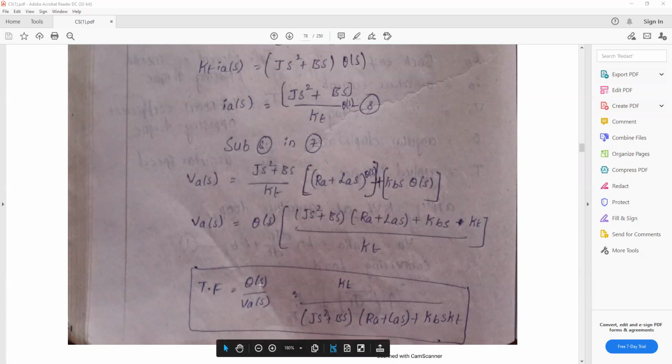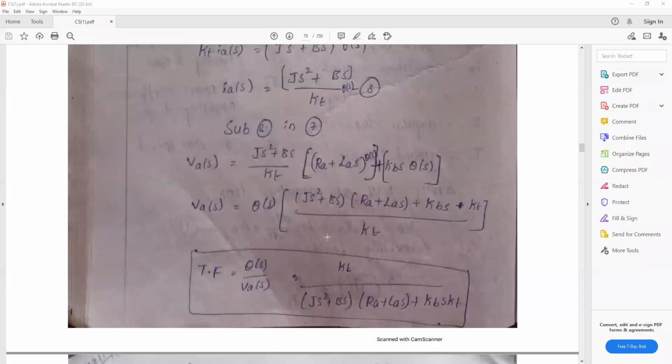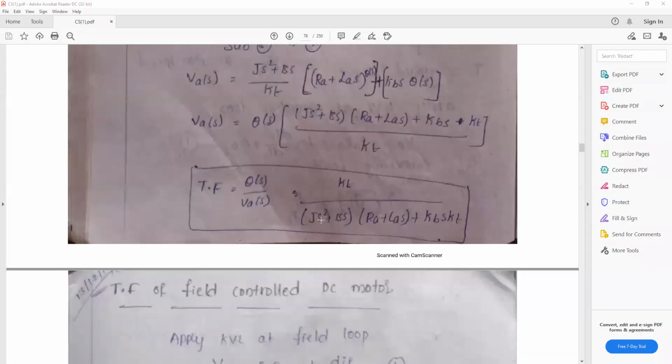KT by JS square plus BS into RA plus LAS plus KBS into KT. This is the transfer function of armature controlled DC motor.